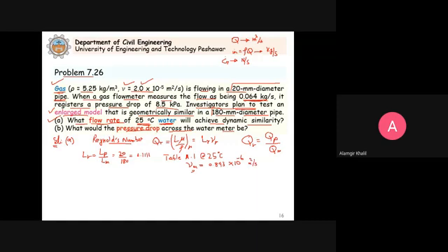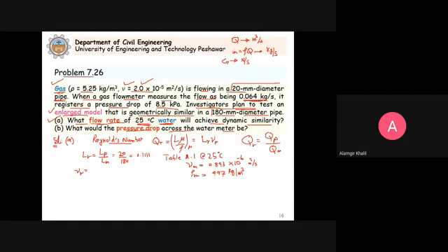And the density also, if we need it, for water at 25 degrees C, is 997 kilogram per cubic meter. Now you can easily calculate the scale ratio for the kinematic viscosity.